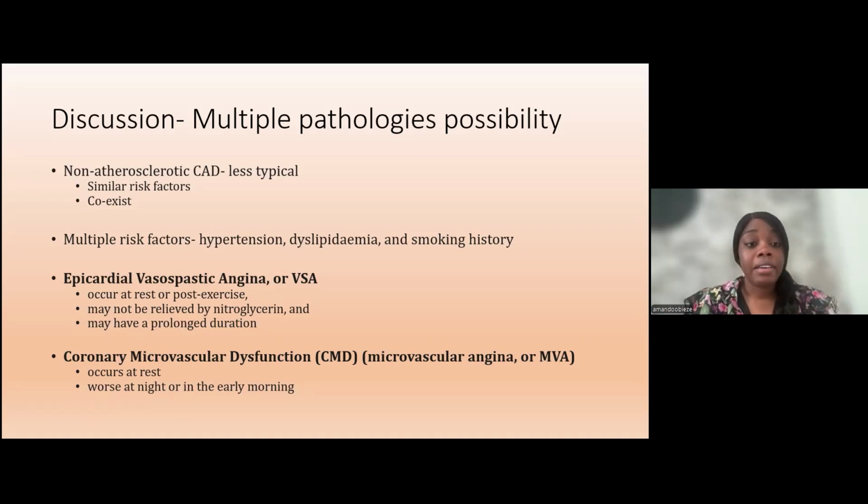Because he could have had epicardial vasospastic angina, he could have had coronary microvascular dysfunction, and these typically would not present the normal way as normal angina from atherosclerotic CAD. And these patients tend to have the same risk factors as patients with atherosclerotic disease, which this patient had: hypertension, dyslipidemia, and smoking history. Next, please.